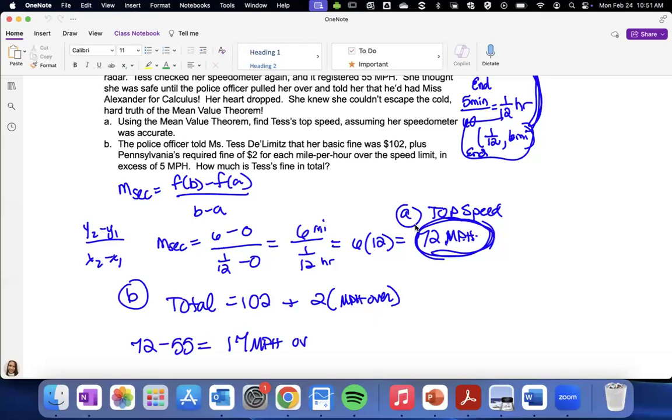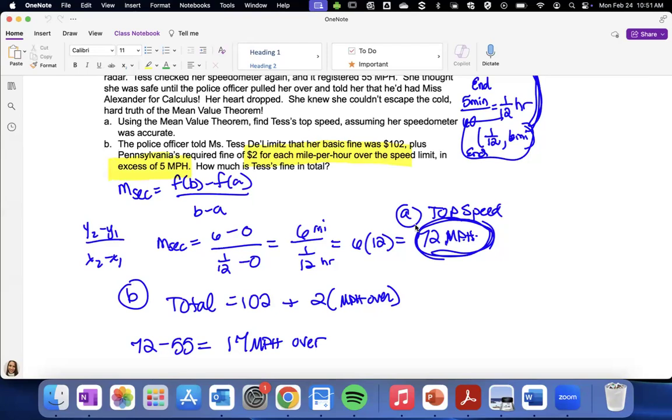But take a look at this wording. It says $2 for each mile per hour over the speed limit in excess of 5 miles per hour.